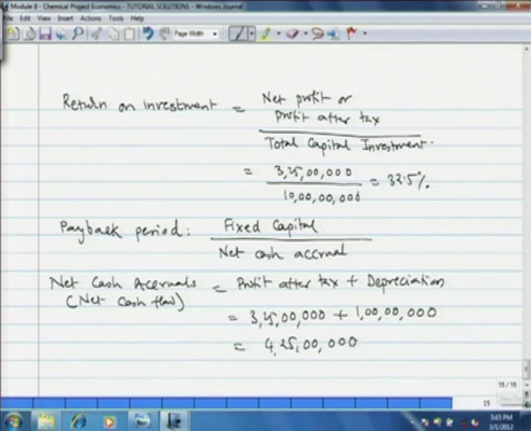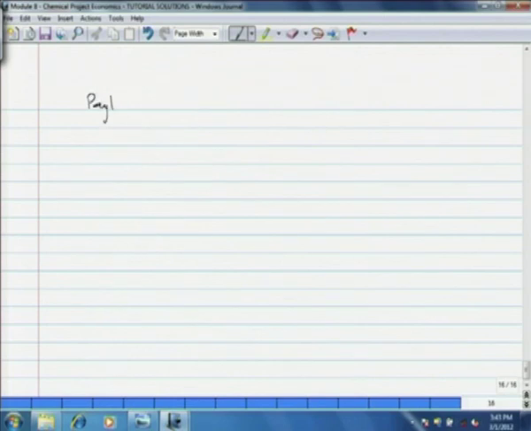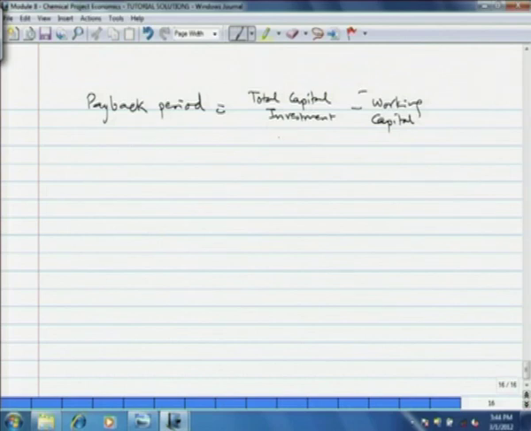And then payback period, substitute values, is equal to fixed capital, but fixed capital is equal to the total capital investment minus the working capital, divided by net cash accrual.